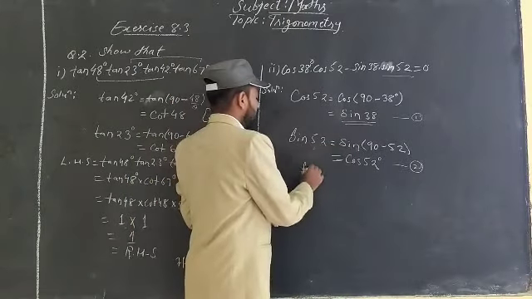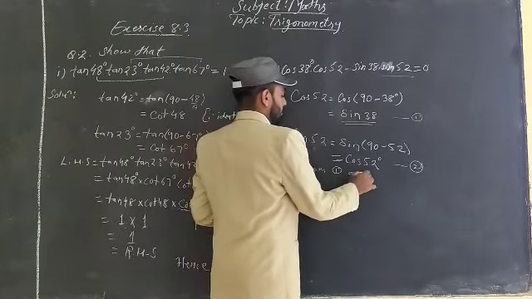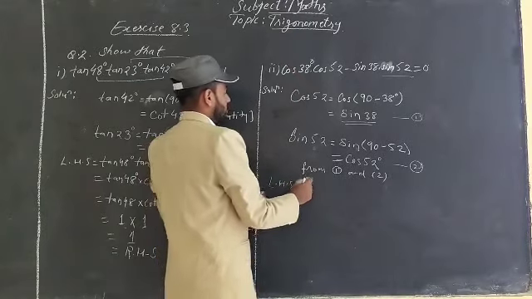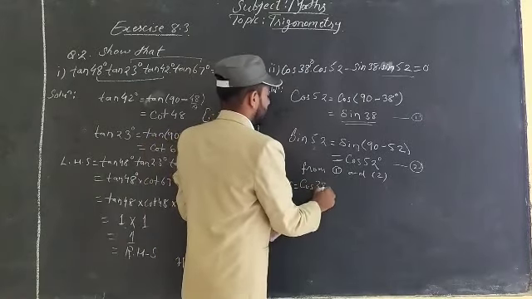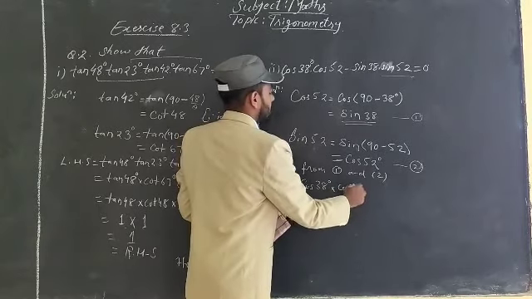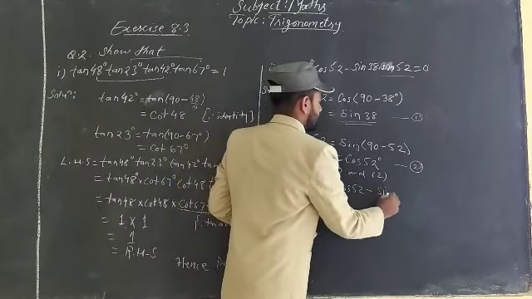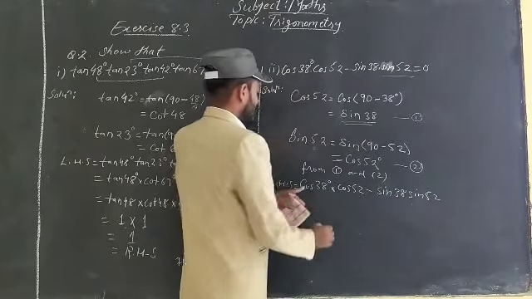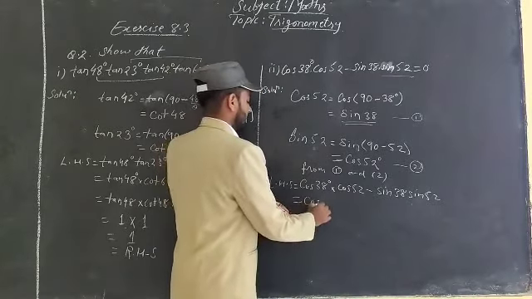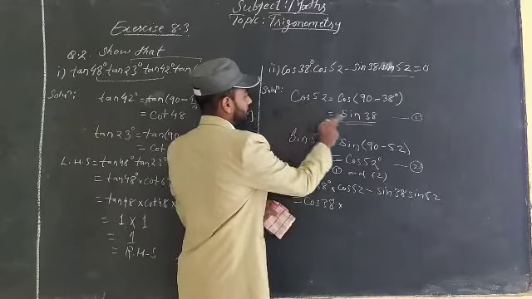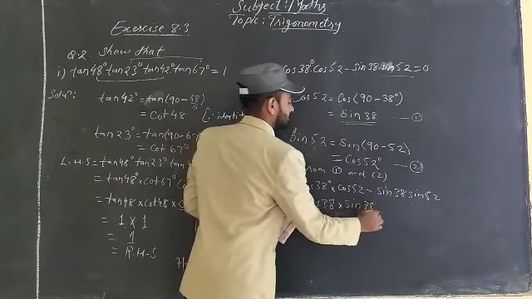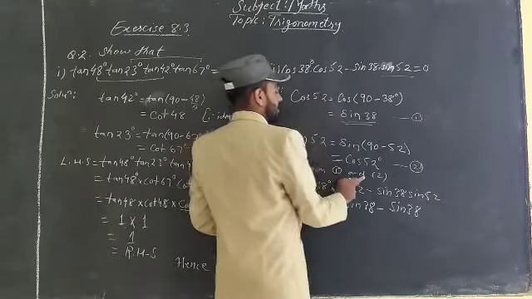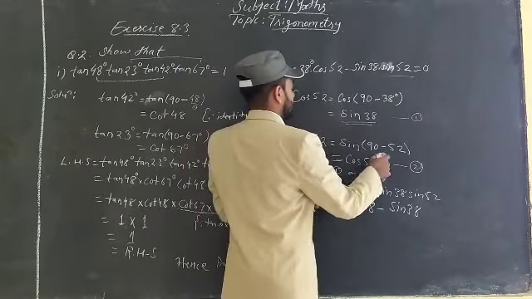Then from 1 and 2, the left hand side is equal to cos 38 degree into cos 52 minus sin 38 into sin 52. So cos 38 we will keep as it is, and cos 52 we have found as sin 38, minus sin 38 will remain as it is, and sin 52 we are changing to cos 38.